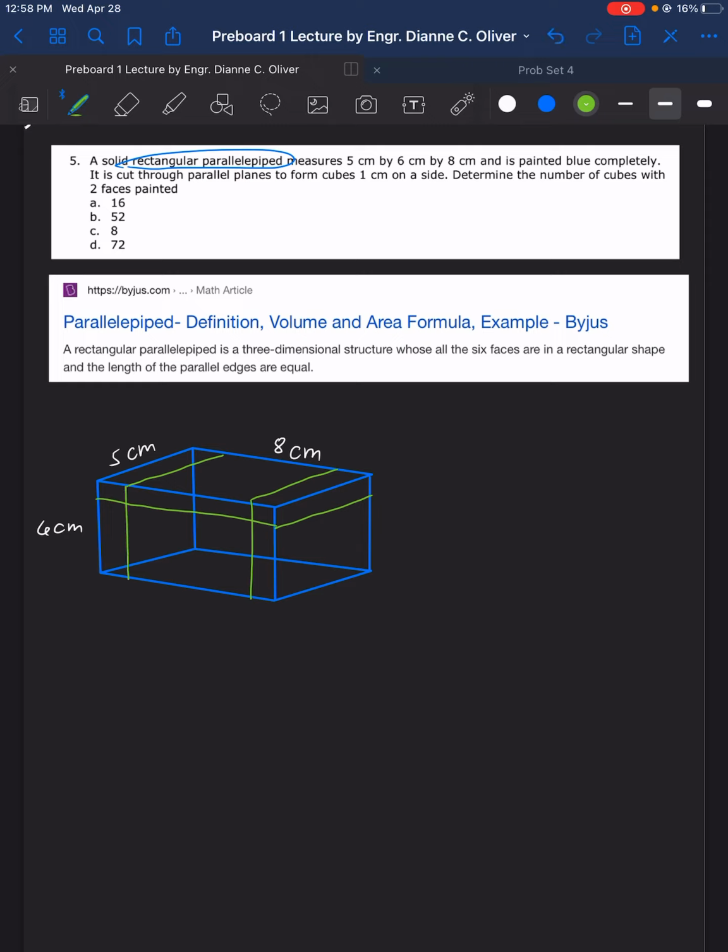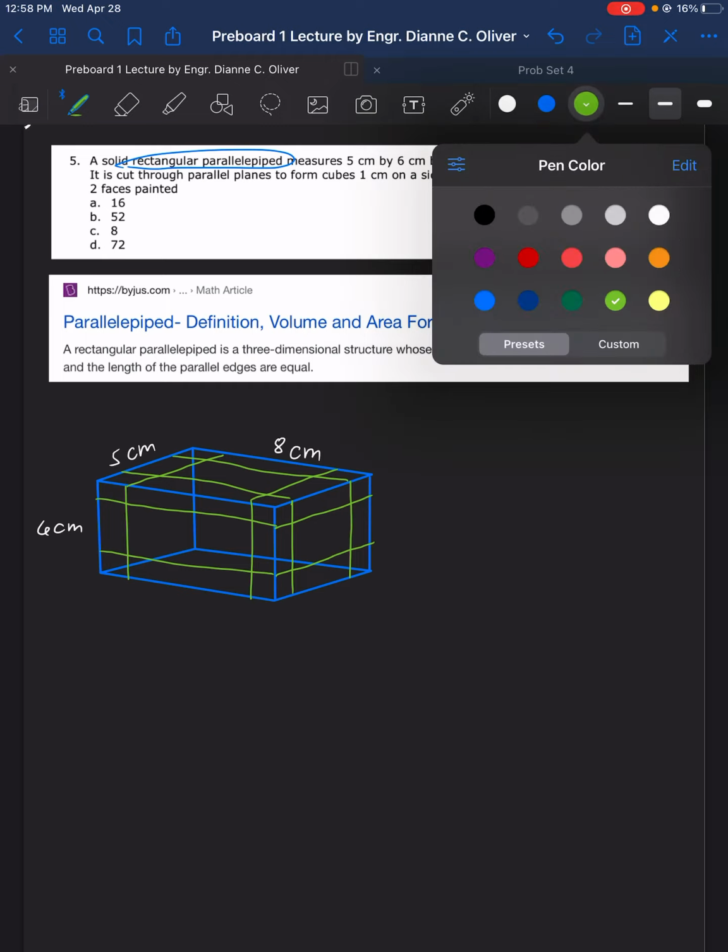Right? So there you go. So these are the areas with cubes with 2 faces painted. Right? And then we will be removing the corners.